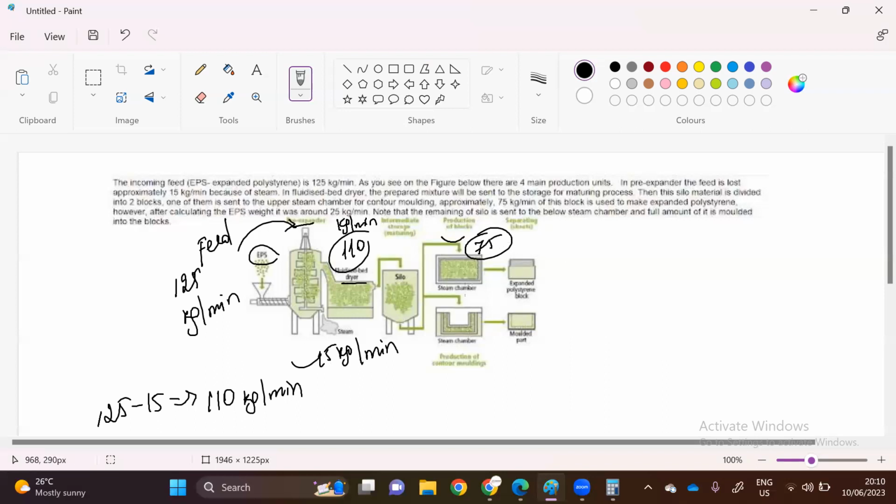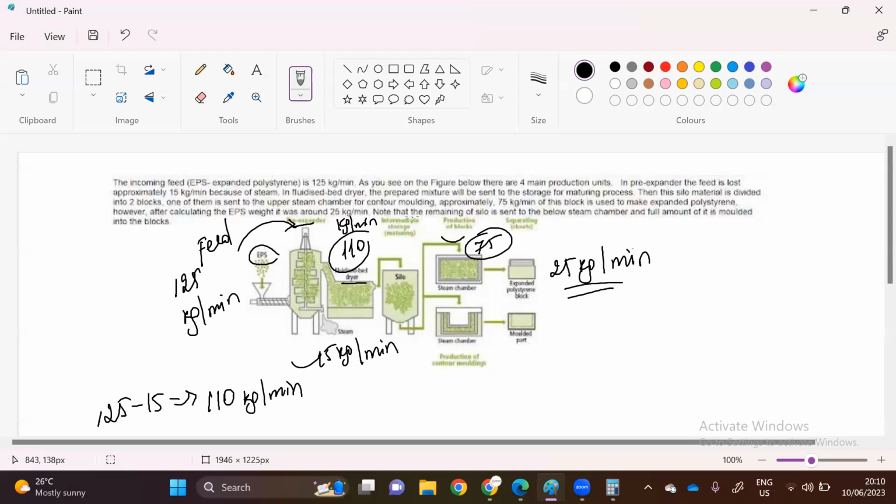It means the final material from this upper block steam chamber will be 75. However, after calculating the EPS weight, it was around 25 kilogram per minute. It says that based on our calculation, it should be 75, however, after the expanded polystyrene block, we got 25 kilogram per minute.